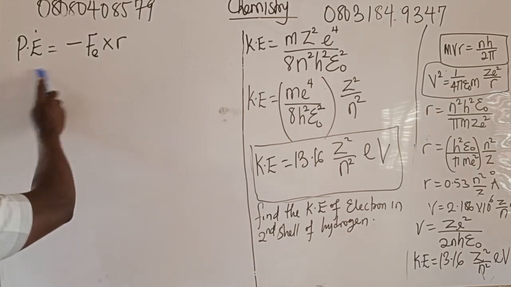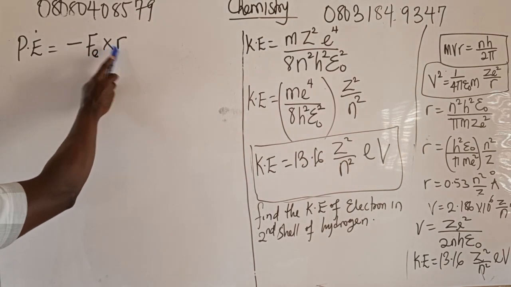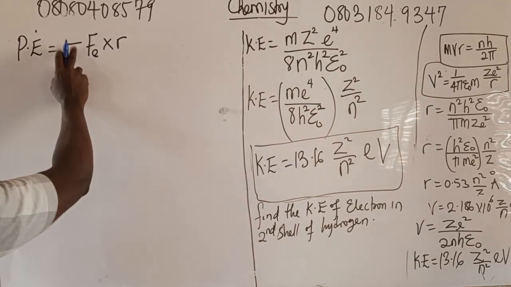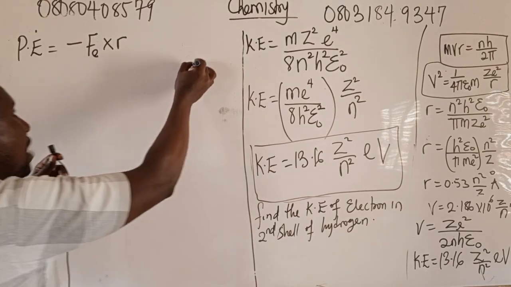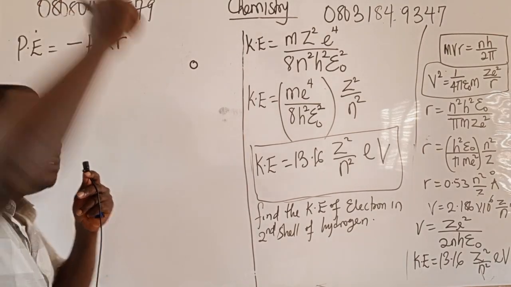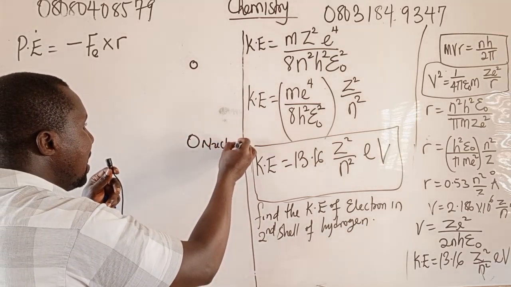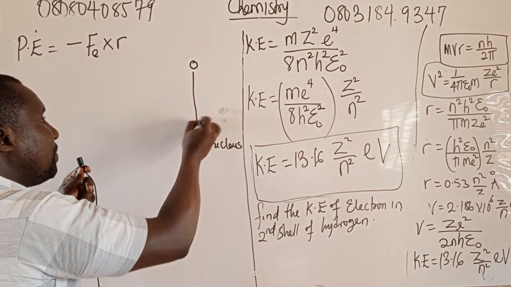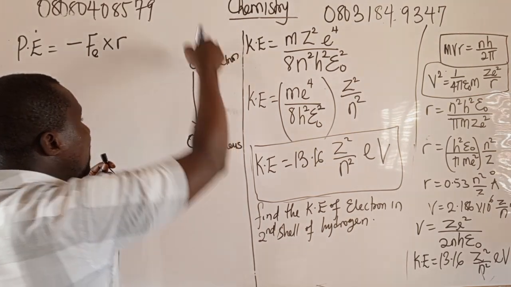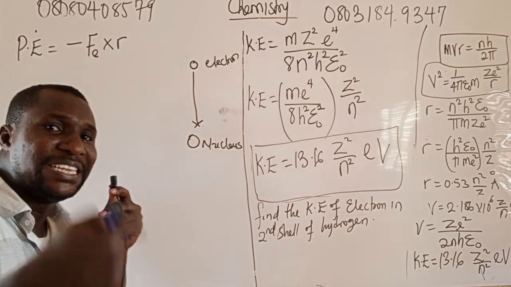That's why potential energy is equal to minus electrostatic force times the radius of the shell. Why did I put minus? Because when you have an electron falling from infinity towards the nucleus, it decreases in energy.